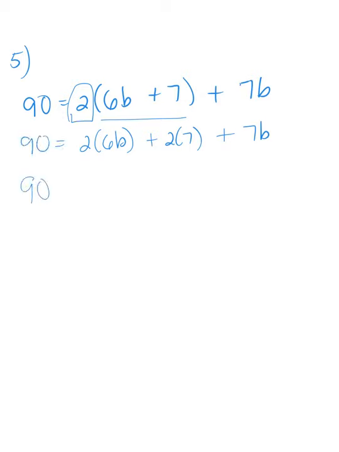So I have 90 equals 12b plus 14 plus 7b. Wait, how did you get 12b? 2 times 6. Right. Does 12b look like 7b? Yep. So that'd be 19b.